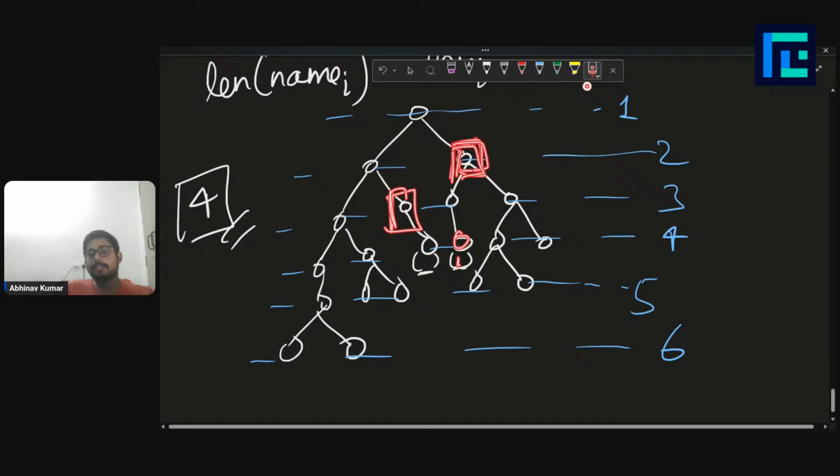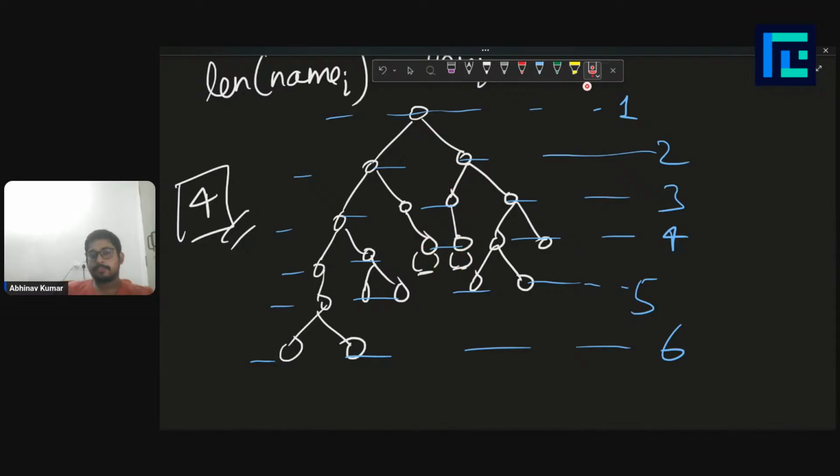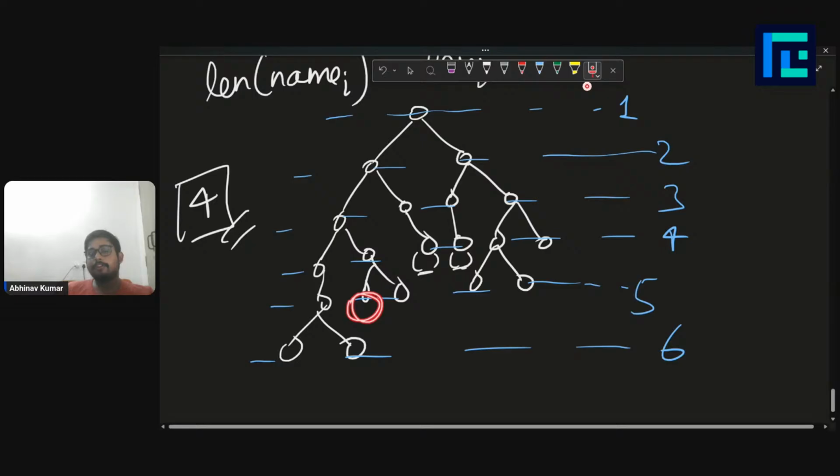Whatever is here would be the third character in its name, and here the fourth character. For this leaf also, the first character would be whatever is here, the second whatever is here, the third whatever is here, and the fourth whatever is here.